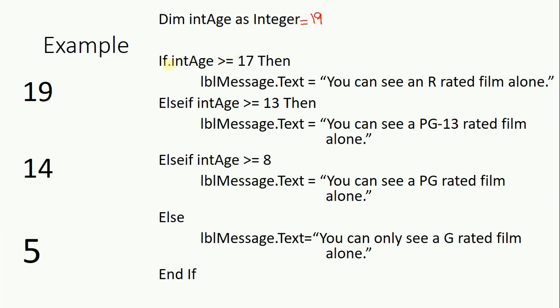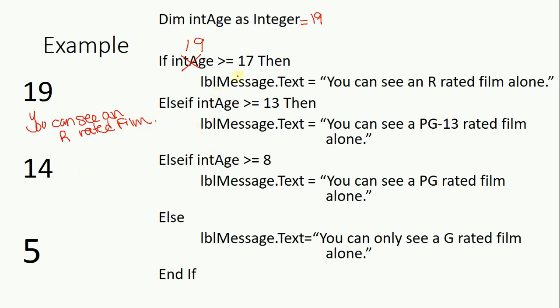If intAge is greater than or equal to 17, well, intAge we said is 19. So it's going to ask, is 19 greater than or equal to 17? Yes, that's true. So for 19, in my label, you can see an R-rated film.